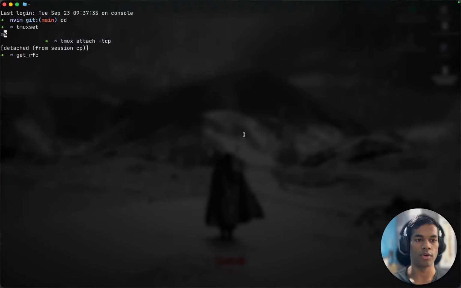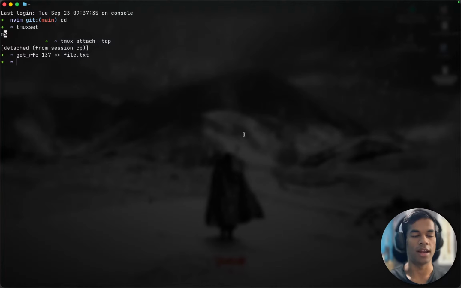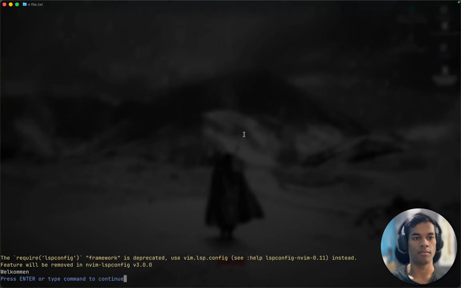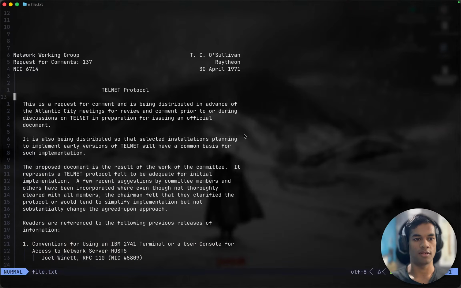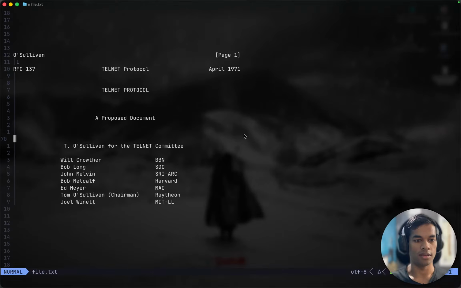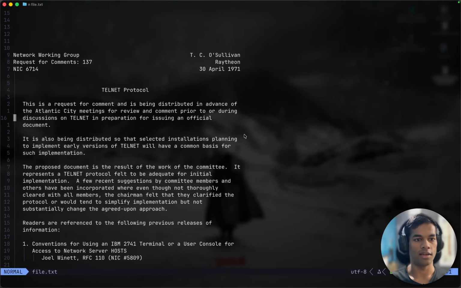Let's say I want to get RFC number 137 and I am storing it into file.txt. This should work. It does work. Now, if I open file.txt, there is this whole text. This is an RFC, and as you can see, the number is 137. That is nice. Request for comments 137.